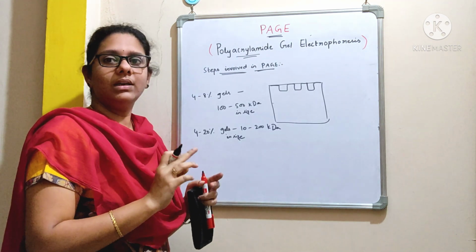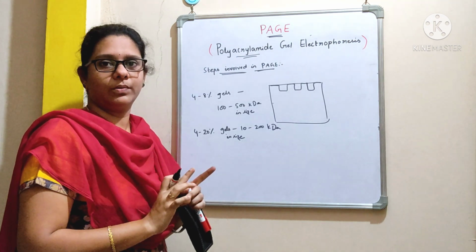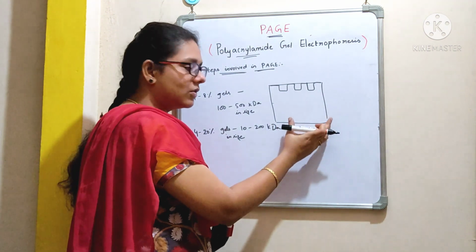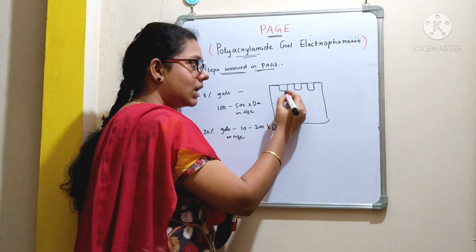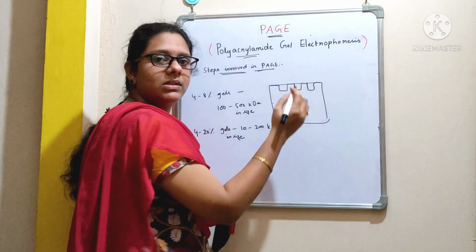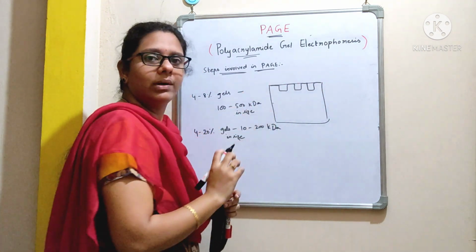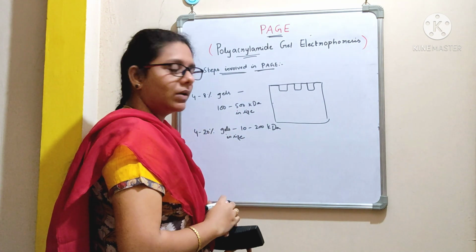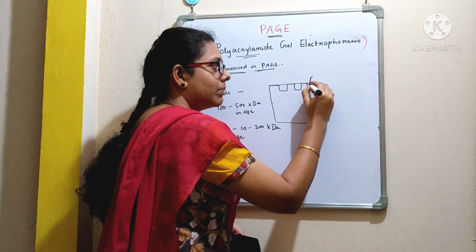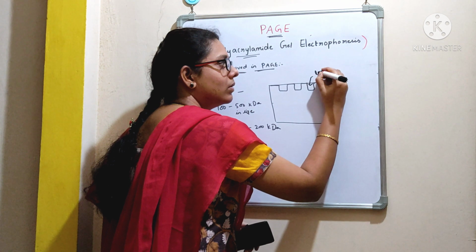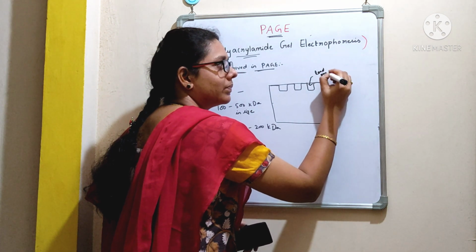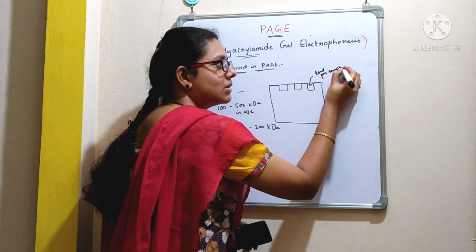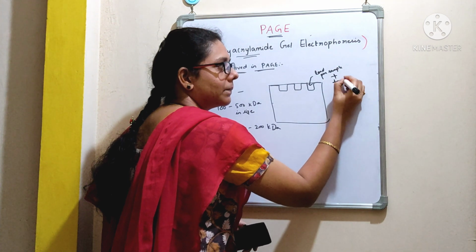Now you are done with the sample preparation also, right? When you look at the gel, it looks like this, because with the help of combs you are creating wells where you are going to load the protein sample with the help of a pipette. We are going to load a protein sample that is mixed with tracking dye.